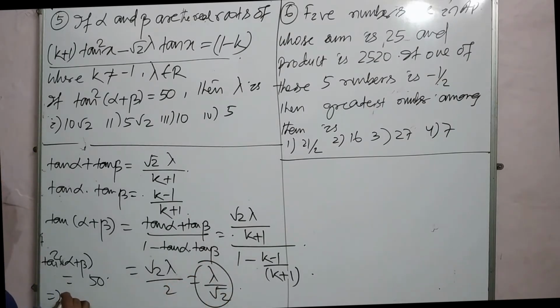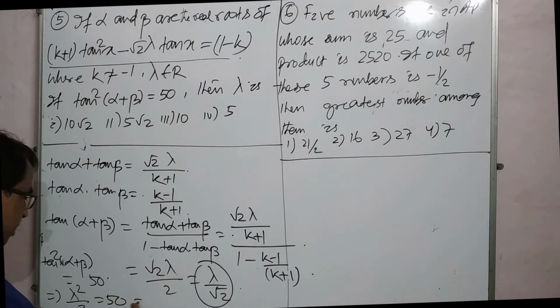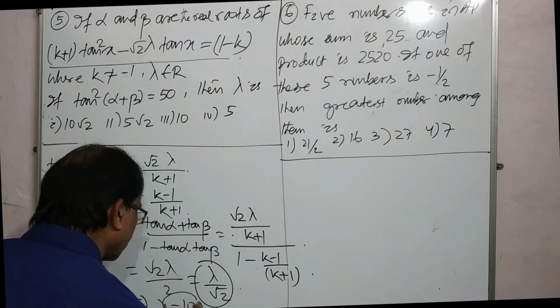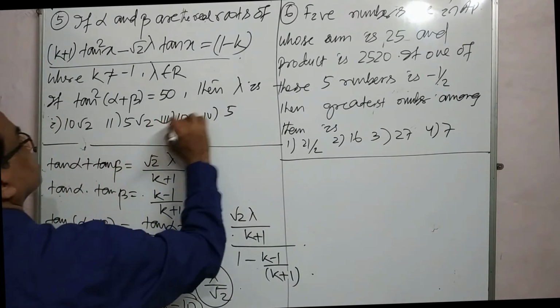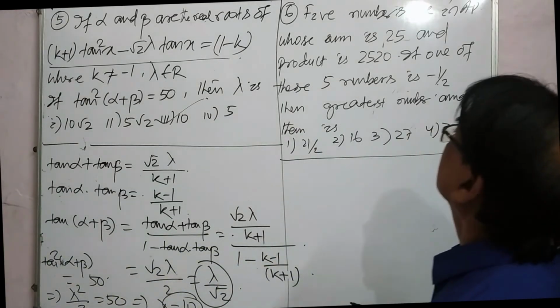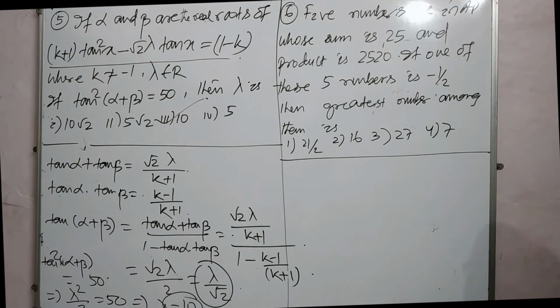Squaring it, we get lambda square by 2 is equal to 50, and by cross multiplication lambda square is equal to 100, and lambda is equal to plus or minus 10, but 10 is given, so the answer is the third option. Now coming to a problem in arithmetic progression.